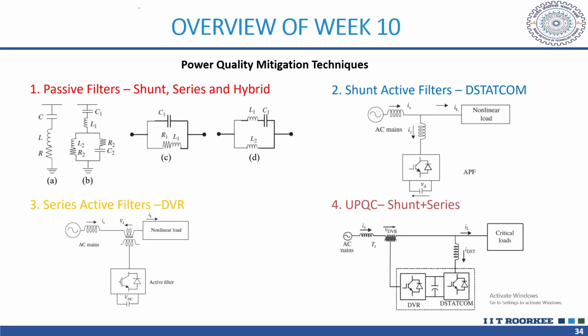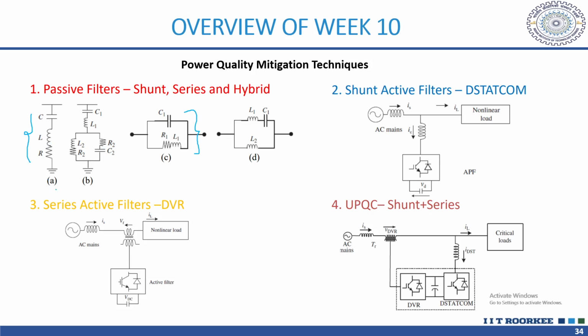To mitigate this, we use filters. Similar to the static and dynamic reserves, the same kind of concept can also be applied to passive filters. These are fixed, using fixed RLC.